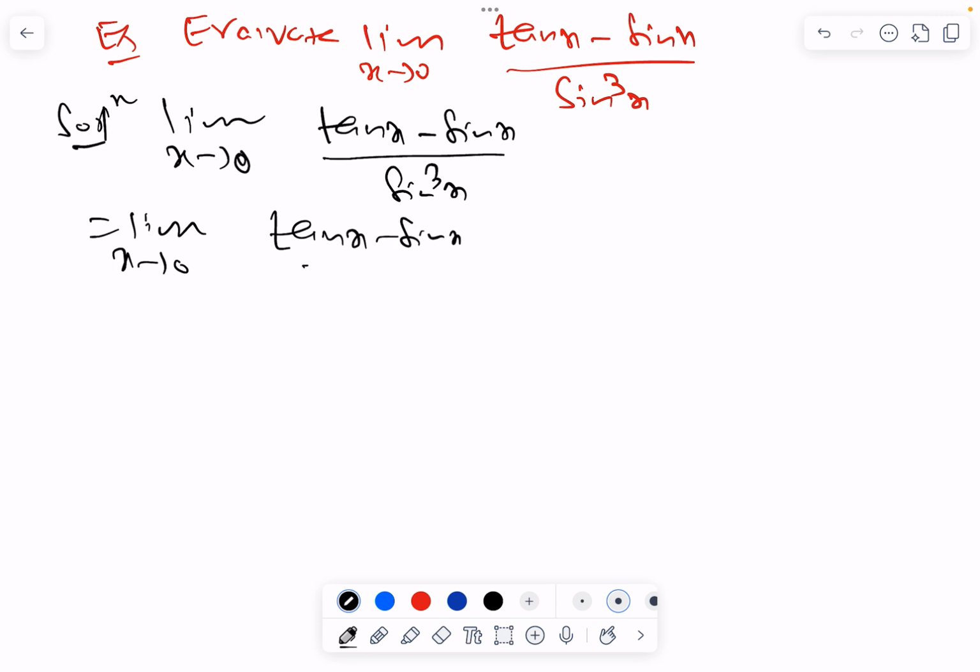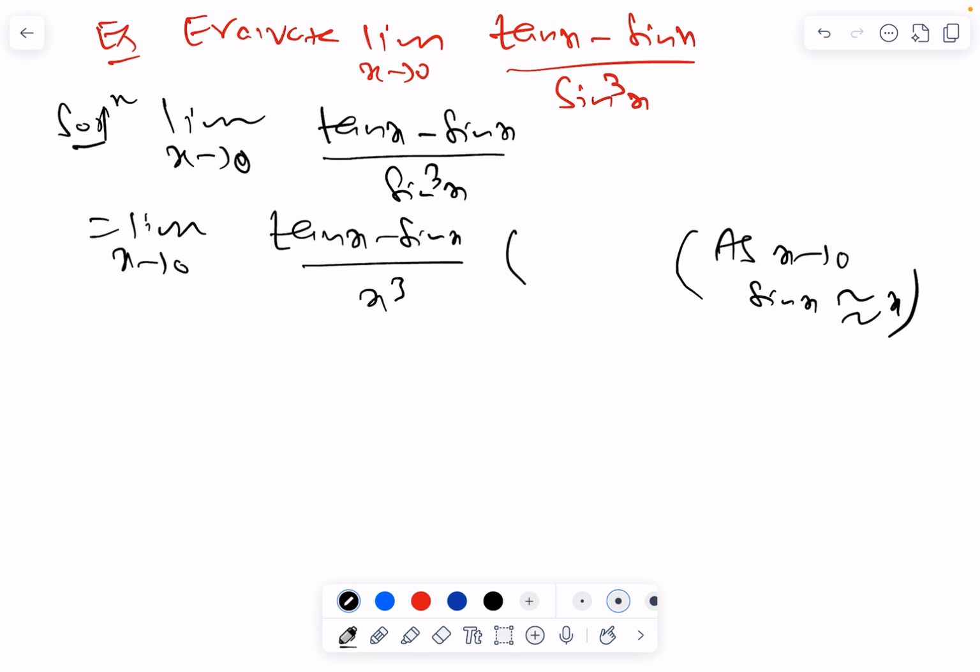So this we can write with the same logic, that limit x tends to 0, sin x by x is equal to 1. So divide by x, multiply by x, or you can say as x tends to 0, sin x can be replaced by x. Now tan 0, sin 0, so that is 0. And so this is 0 by 0. So now let us take the derivative.